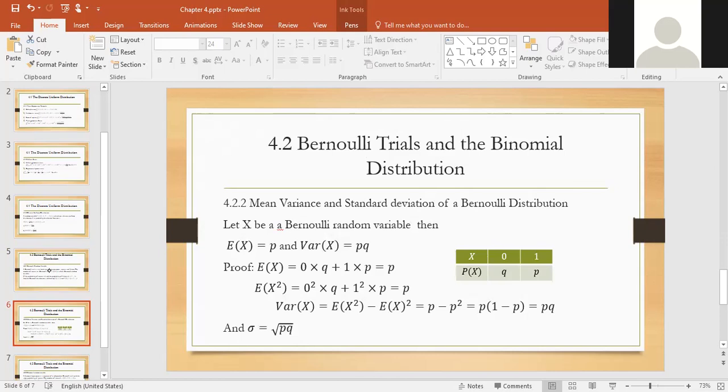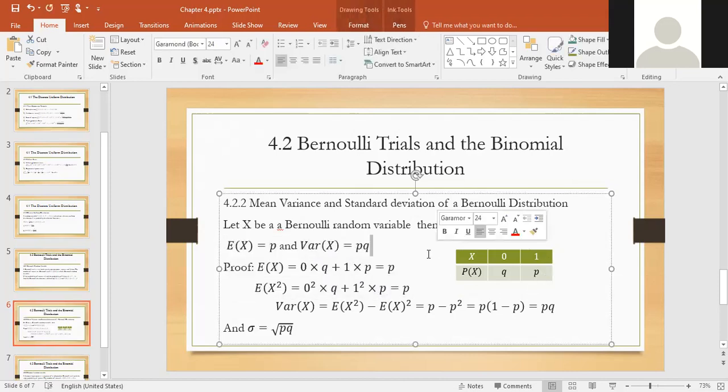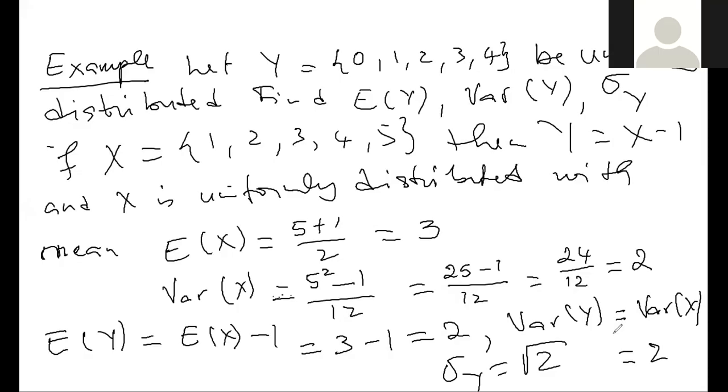So it defines a probability distribution like the one we have here. 0 with probability q, 1 with probability p, and we know that p plus q must be 1, so q equals 1 minus p. When you toss a coin, it's a Bernoulli trial. You can say 0 is head and 1 is tail. So I want us to complete today with finding the mean, the variance, and standard deviation of a Bernoulli trial.